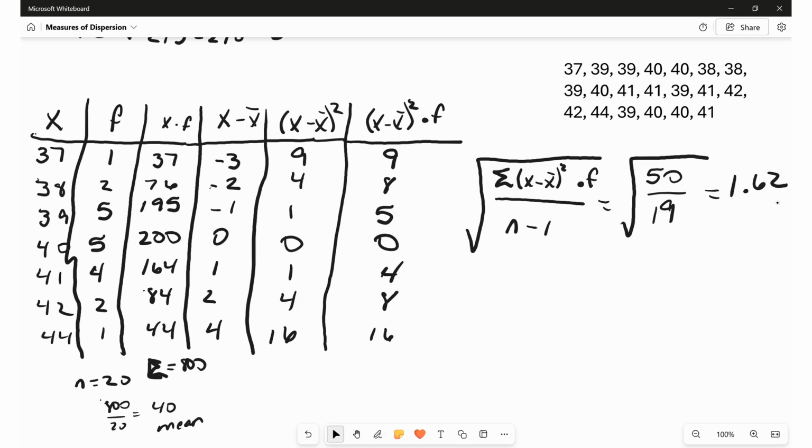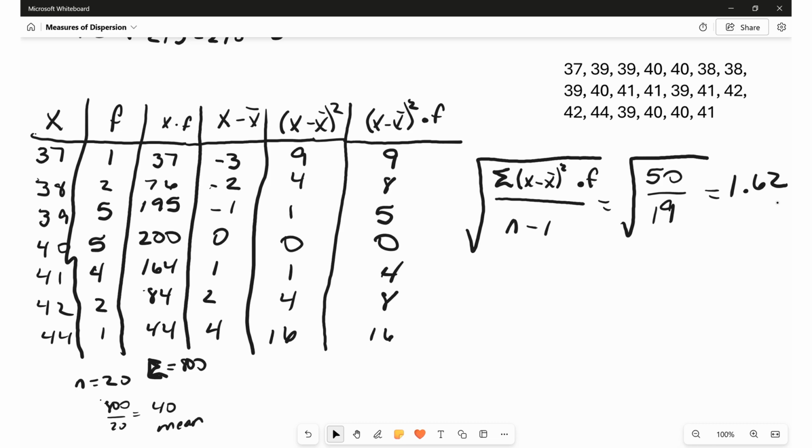Now, what does that tell us, though? Well, what that tells us is that this stock only varied by about a little more than $1.50, so $1.62 over the past 20 trading sessions. It really only varied by a little more than $1.50, which basically means that this stock is probably a pretty good buy.